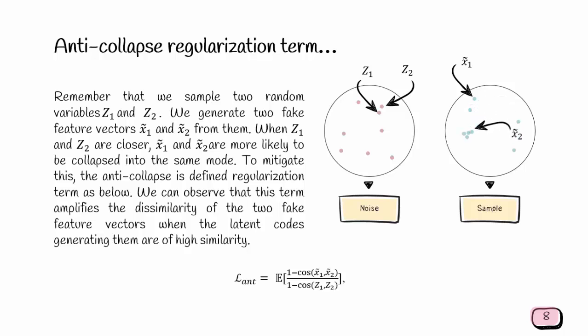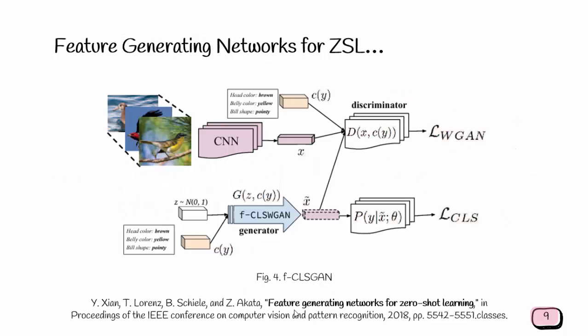To mitigate this, the anti-mode collapse regularization term is defined as below. We can observe that this term amplifies the dissimilarity of two fake feature vectors when the latent codes generating them are of high similarity.